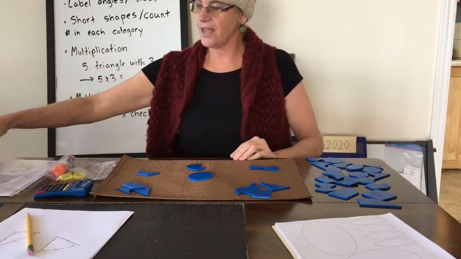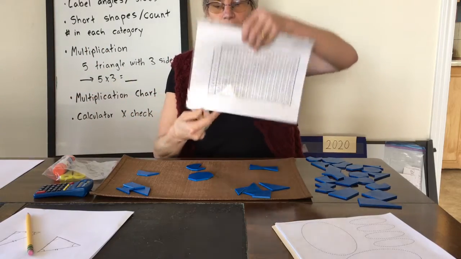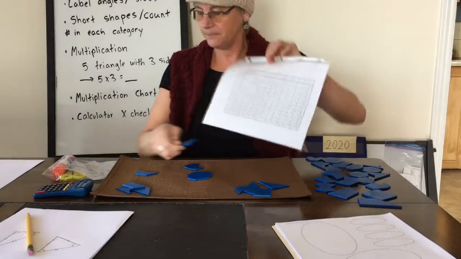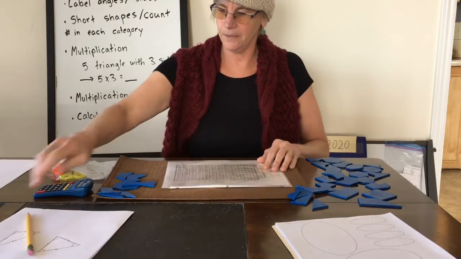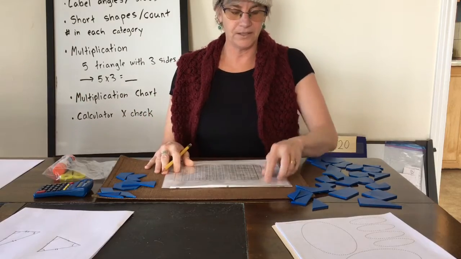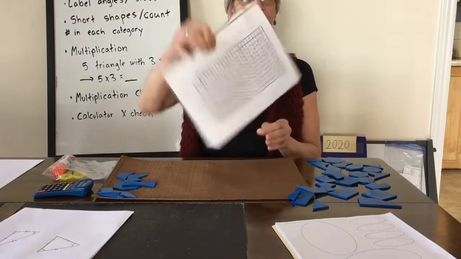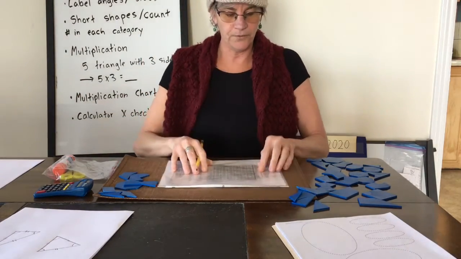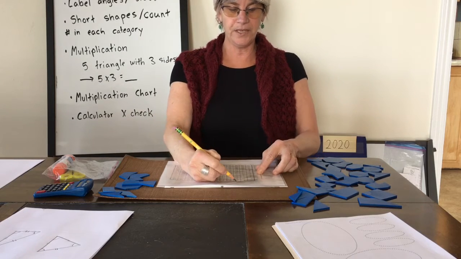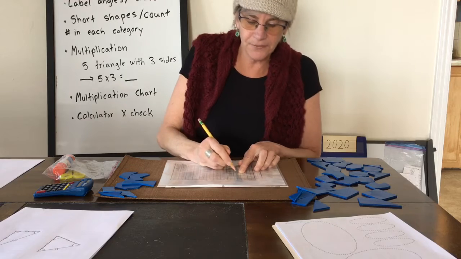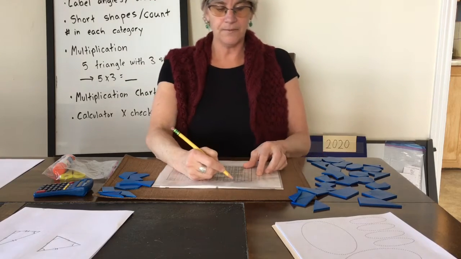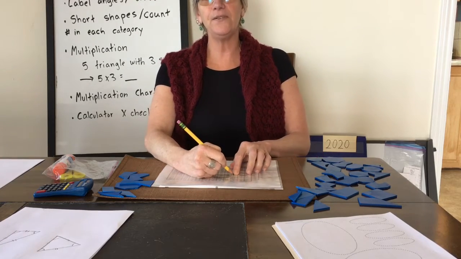Now you're going to do that with your multiplication chart, and then you're going to do it with your calculator. So let's remember how we use this. We go 5, 3, and you're going to find where they meet. 15. 5 times 3 is 15.